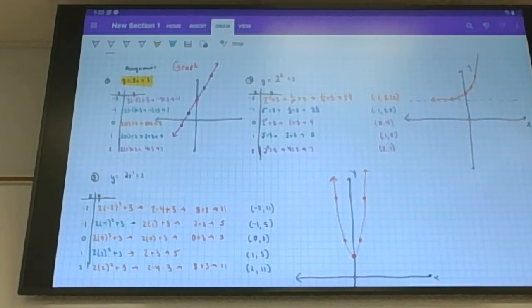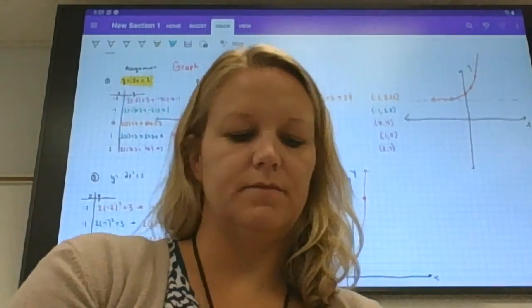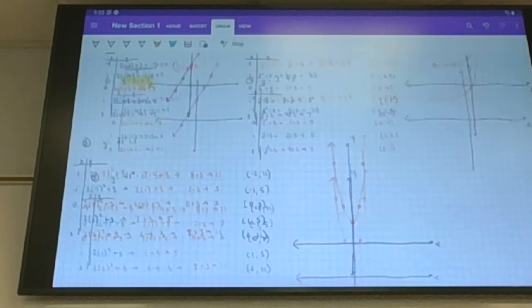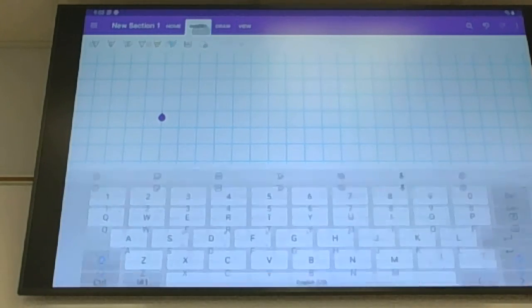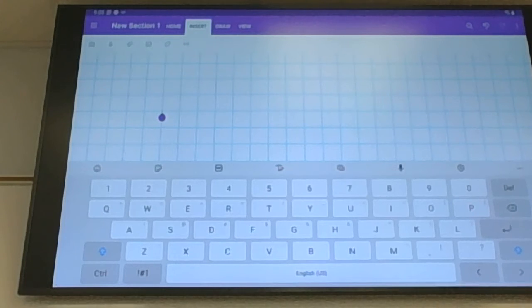Yeah, I didn't want to do that. My textbook was stuck. And I was like, oh, I can get it out.